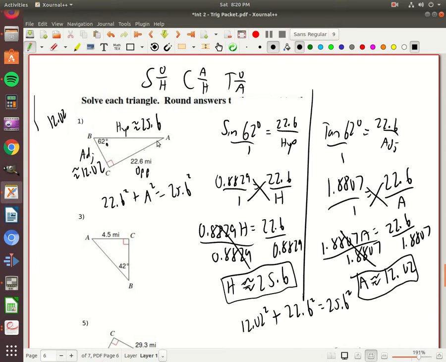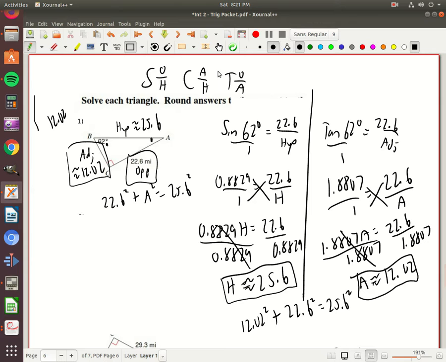Now let's go ahead and find this missing angle. And again, there's so many ways we can do this, guys. Now that we know all three sides, we could use sine, cosine, or tangent. It doesn't really matter, right? Because we have all the side lengths now, but we're just going to pick two. So let's go ahead and pick adjacent and opposite for the fun of it.